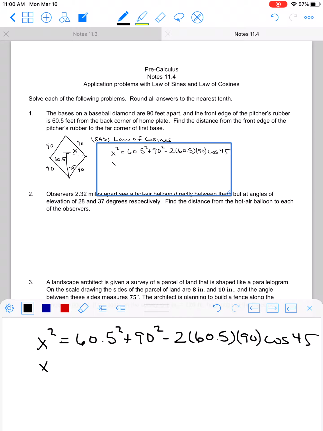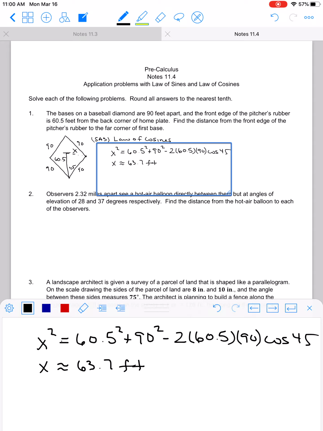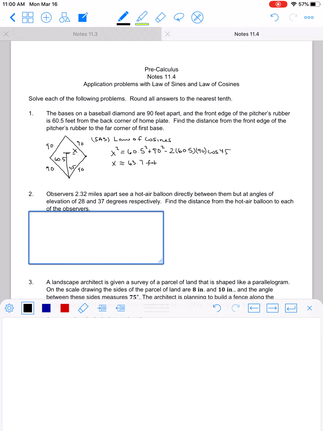And then put that in your calculator, square root, 63.7 feet. So really, once you draw the triangle, you just have to decide which one you're going to use. Okay, next example.